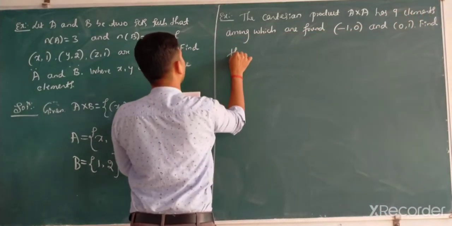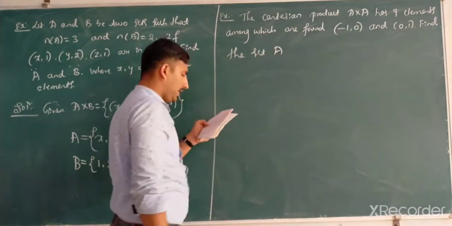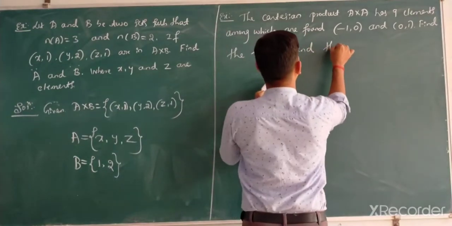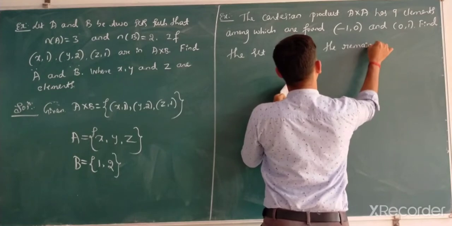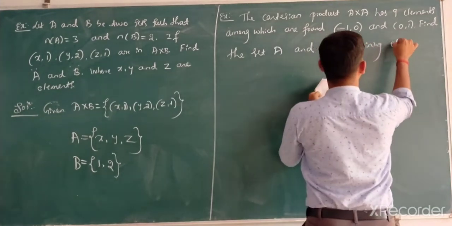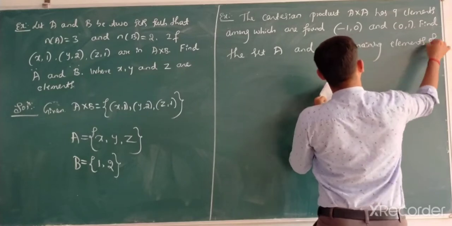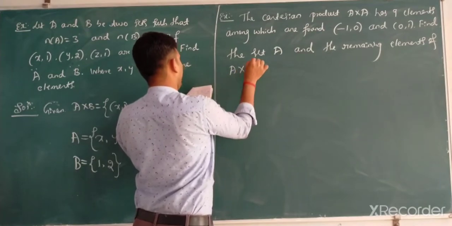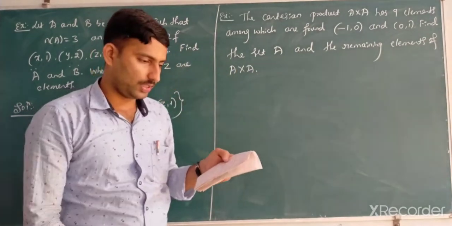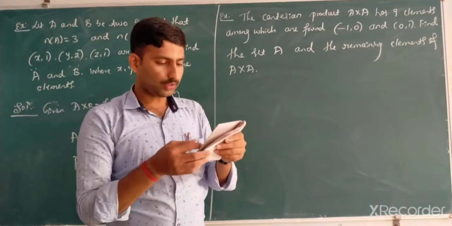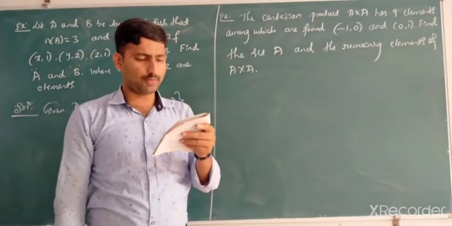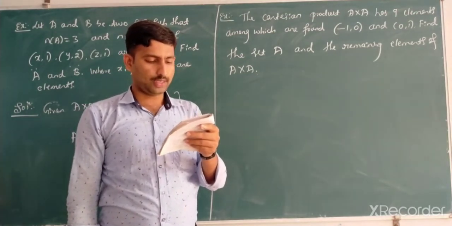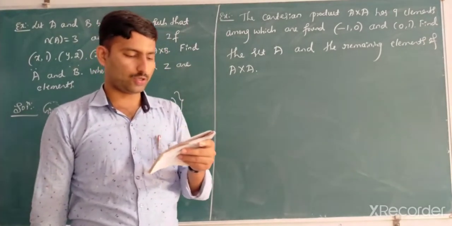Find the set capital A and the remaining elements of A cross A. Remaining elements of A cross A. Means what they are given: A cross A has 9 elements among which are found (-1, 0) and (0, 1). Find the set capital A and the remaining elements of A cross A.